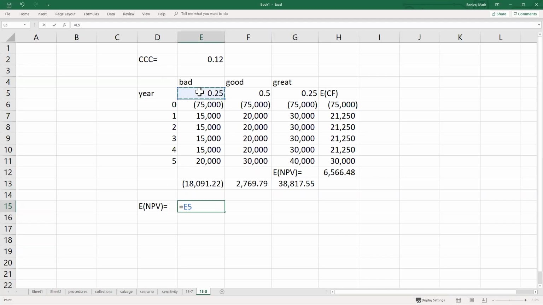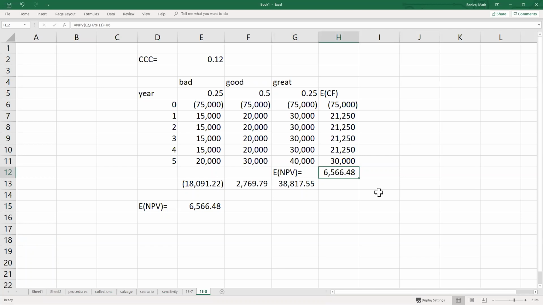So that's 25% times -18 plus 50% times 27 plus 25% times 38, which gives us 6566. And notice that they're the same as the expected NPV. Again, like I said in 15.7, it's really just a matter of order.